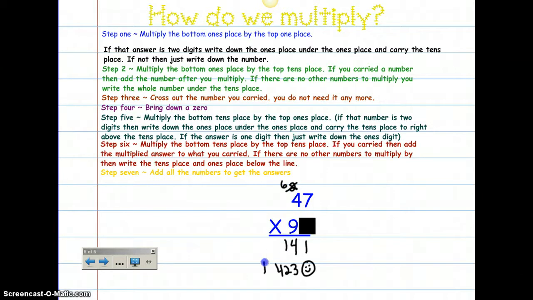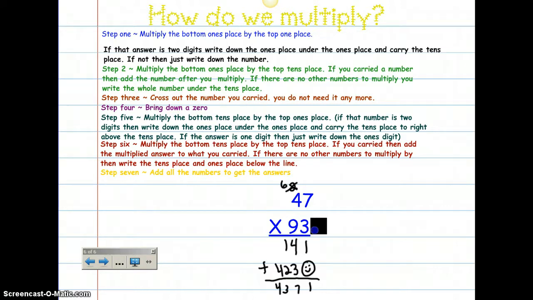Then I'm going to add it together. 4 plus 3 is 7. 2 plus 1 is 3, and 4. So, 47 times 93 is 4,371.